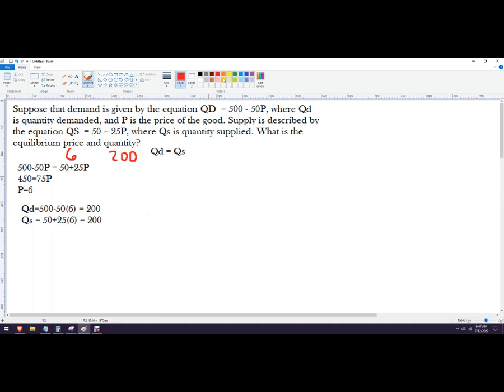Now, if I want to know what the elasticity is at this quantity, I'm going to use this other formula. Elasticity of demand can be found by taking, usually in absolute terms, the price divided by the quantity, times the derivative with respect to P at that particular point.